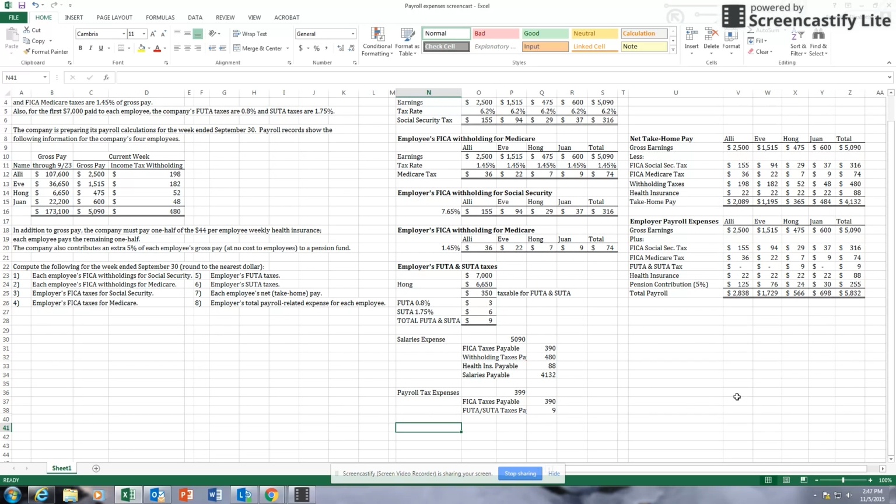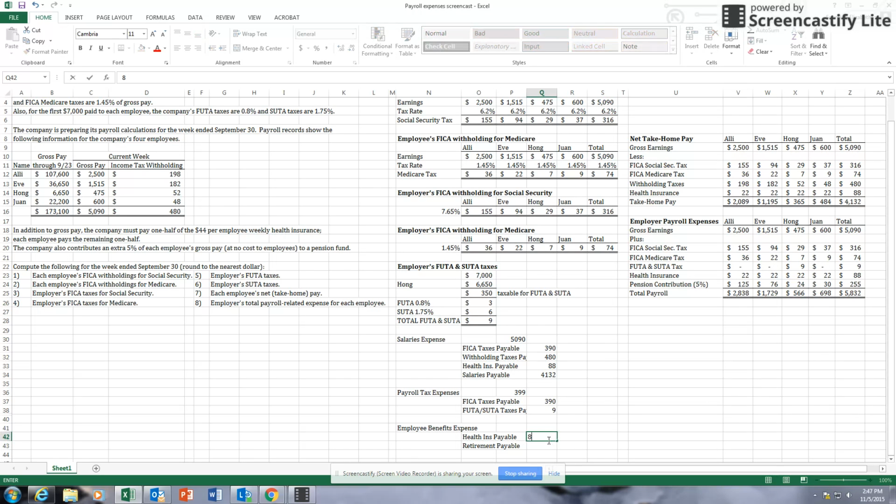Finally, we would have to do a journal entry for our employee benefits. And the employee benefits that this particular employer offers is health insurance. And so we will need to pay that off. And our retirement program.